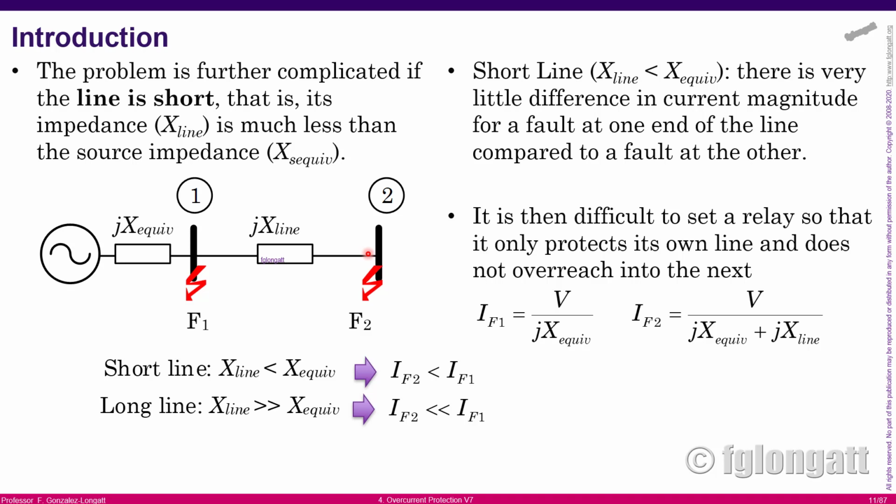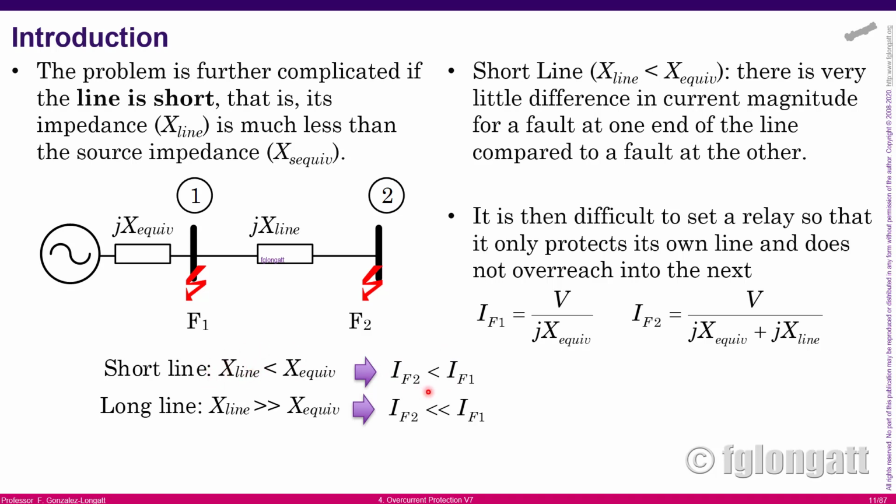The three-phase short circuit current at point 2 will be smaller than the short circuit current at bus bar number 1. However, it will not be so much smaller, depending on this number over here.